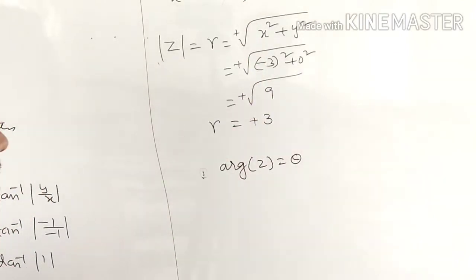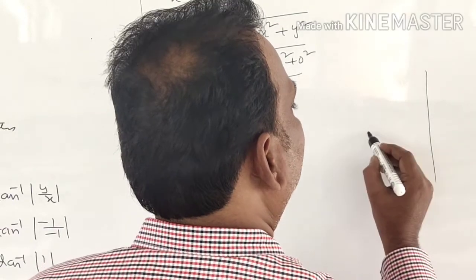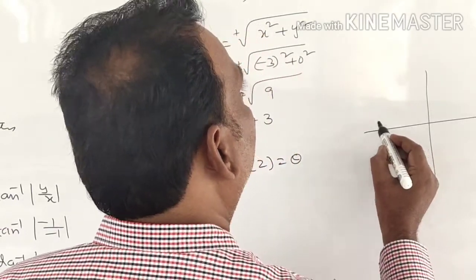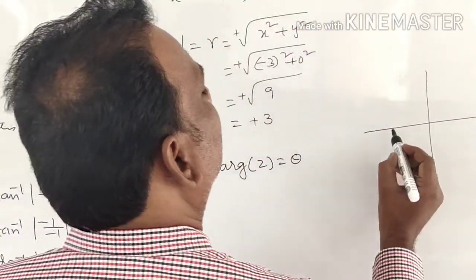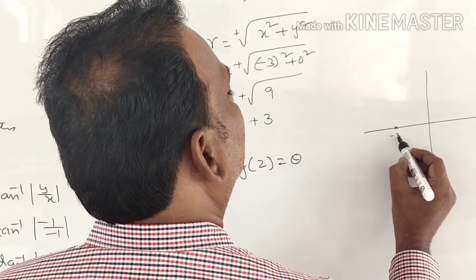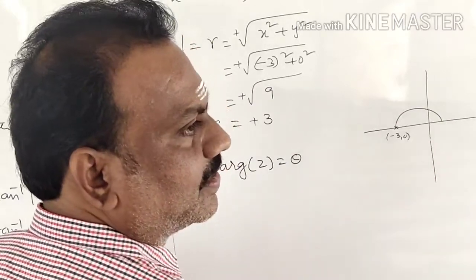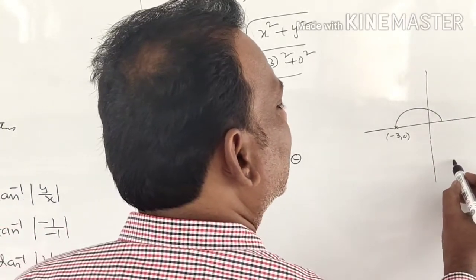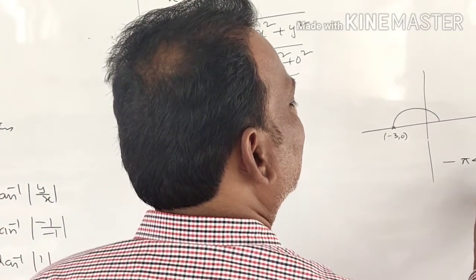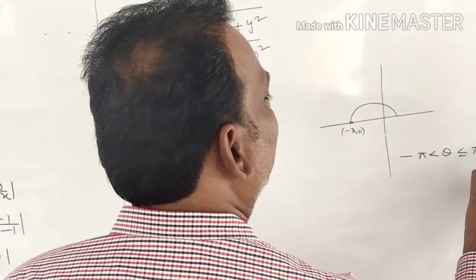Now you can see in the axis where it lies. Minus 3 comma 0 is on the negative x axis. I told you the argument always lies in minus pi less than theta less than or equal to pi.